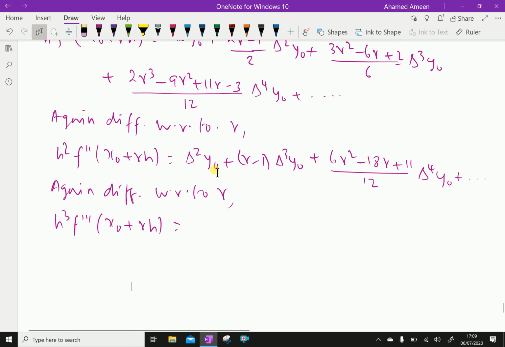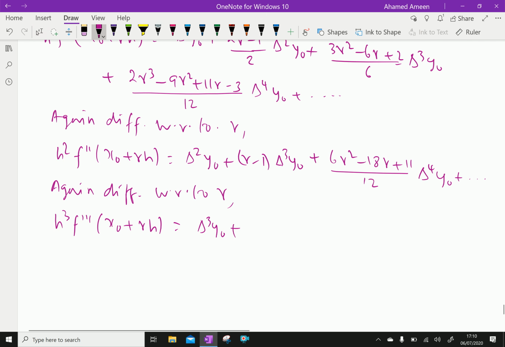Next is delta cube, so only this value comes, so delta cube y0, because if you multiply r into delta cube, the differentiation is delta cube, and for minus 1 the derivative is 0.